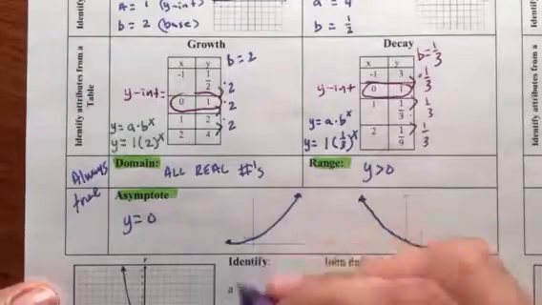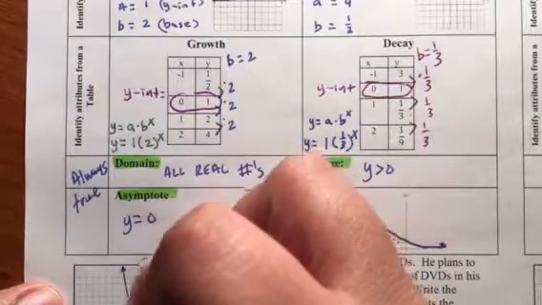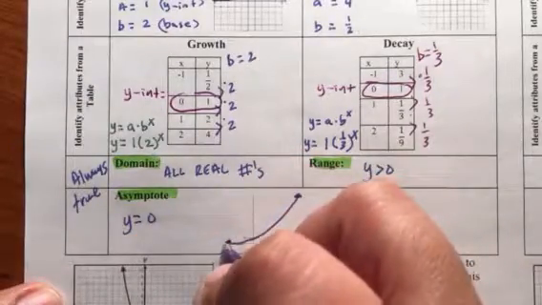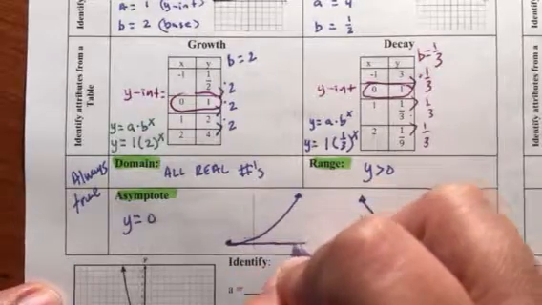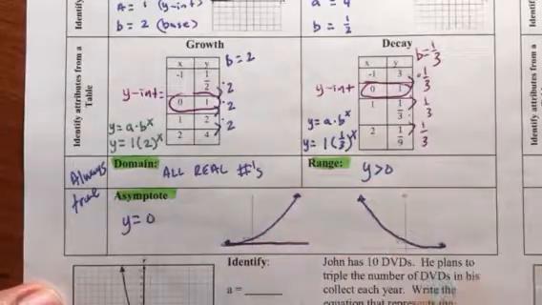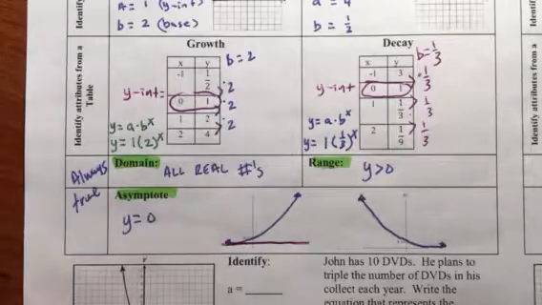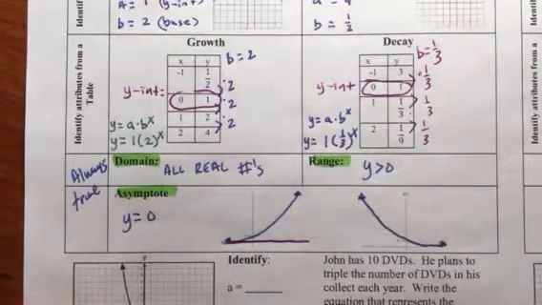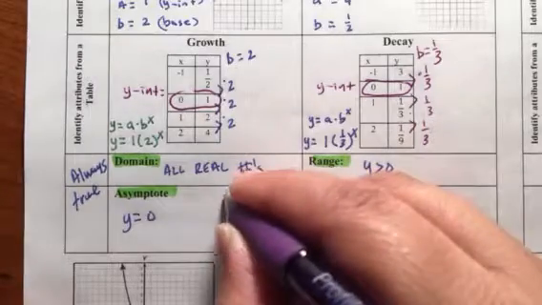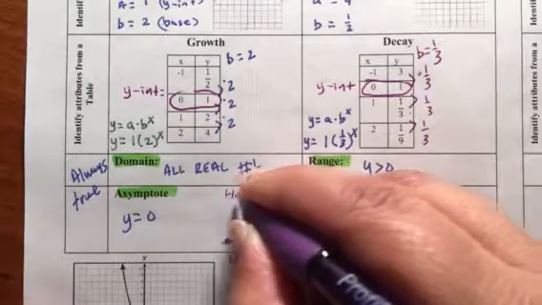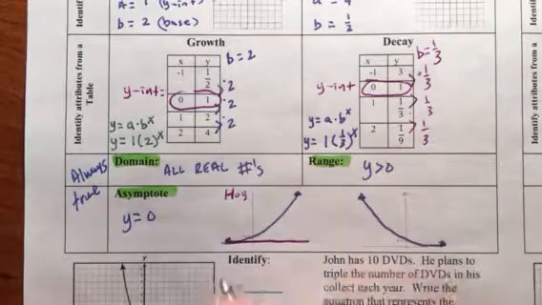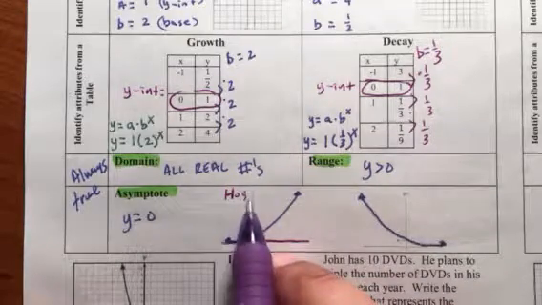What I also need you to know is essentially this is your asymptote. Now, HOYBUCKS. It's been a while since we talked about HOYBUCKS. But remember, HOYBUCKS is horizontal, y equals.